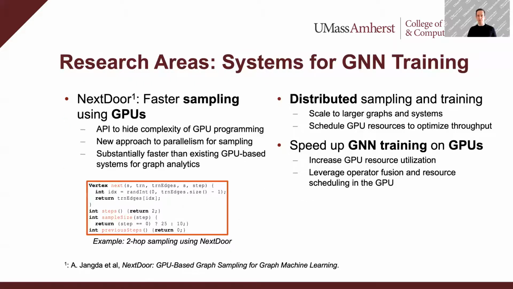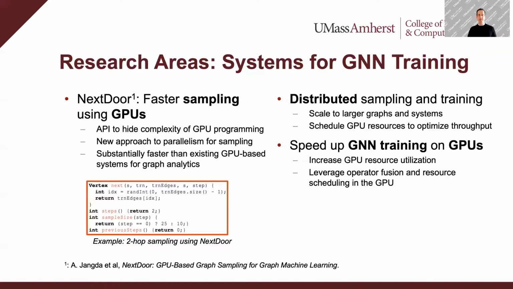So my research group is looking into several issues related to systems for graph neural network training. We have just completed work on a project called Nextdoor, which significantly speeds up sampling using GPUs.